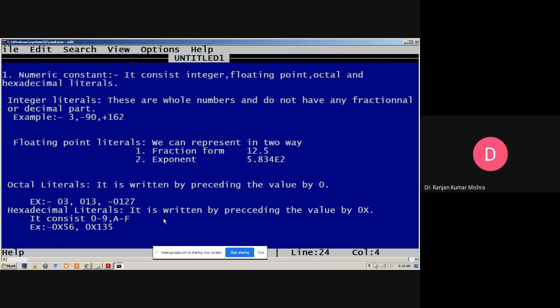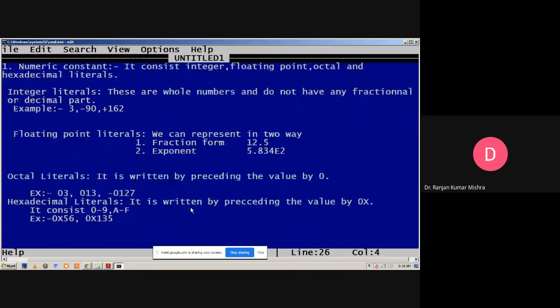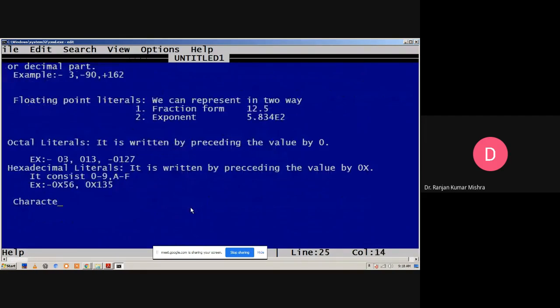Now we discuss the character literals. A character literal is either a single alphabet, a single digit, or a single special symbol enclosed within a pair of single quotation marks. This is known as the character literal.